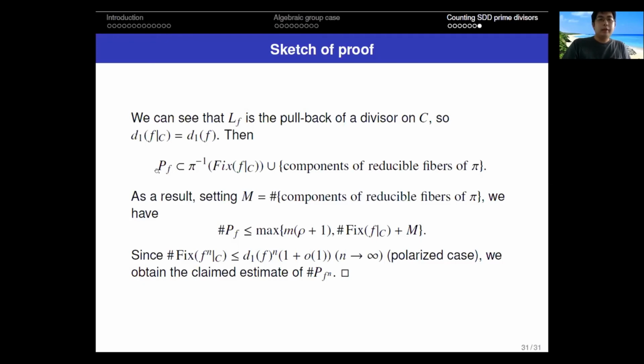And so PF is contained in the fixed fiber or some component of reducible fibers of pi.